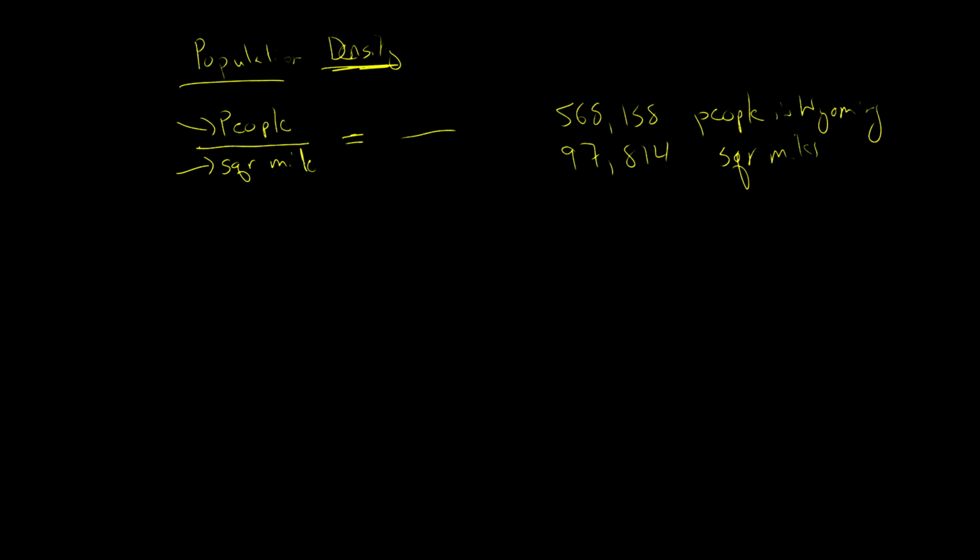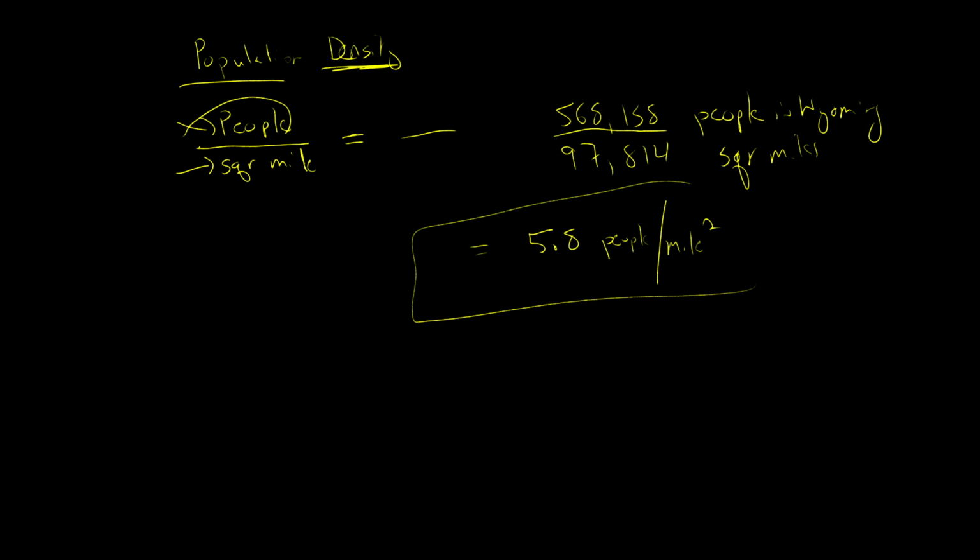So what we can do is we can find the population density. So I use the units and I divide these. And on the calculator, that gives me 5.8 people per mile squared. And that's the population density. Notice the units build the equation. That's a big thing that starts coming out with dimensional analysis, is that you don't need to memorize formulas for everything. Sometimes the units will tell you what to do.